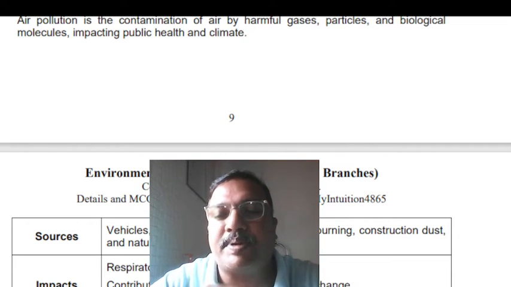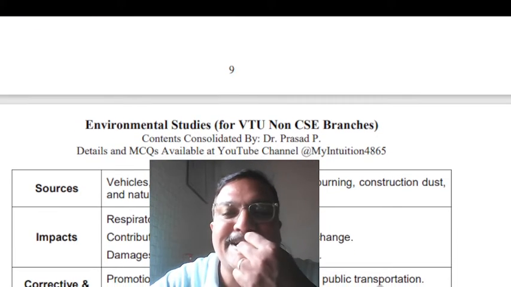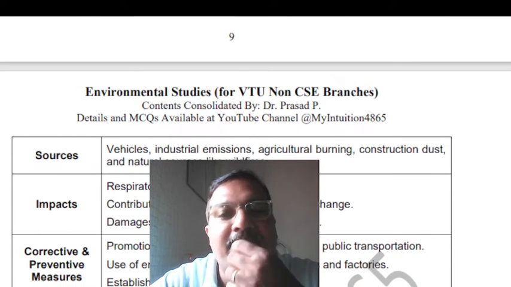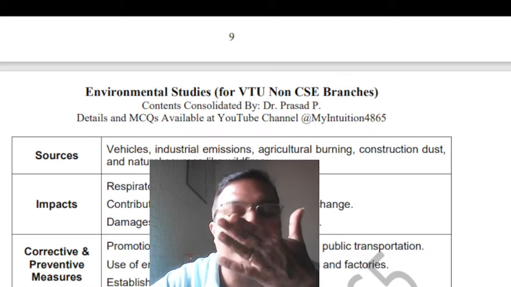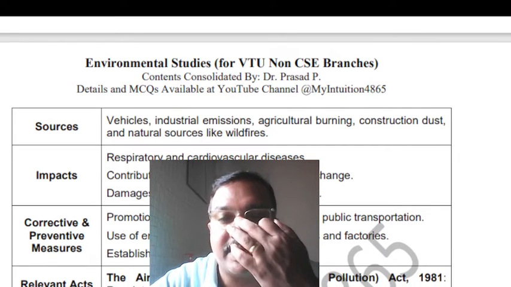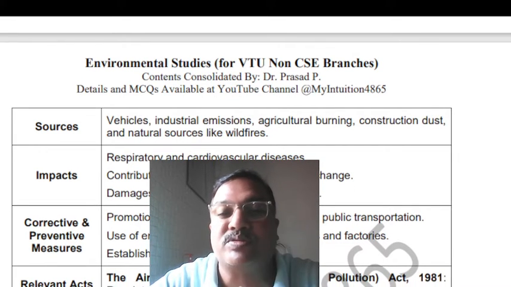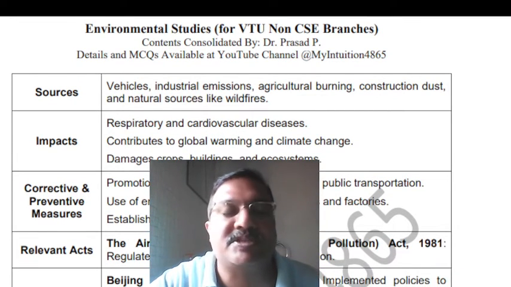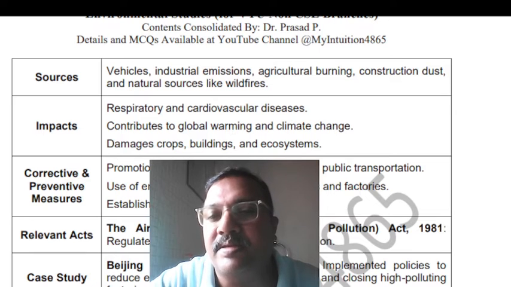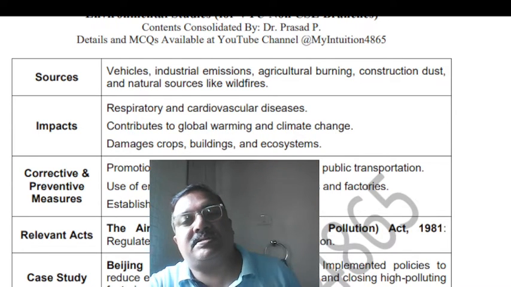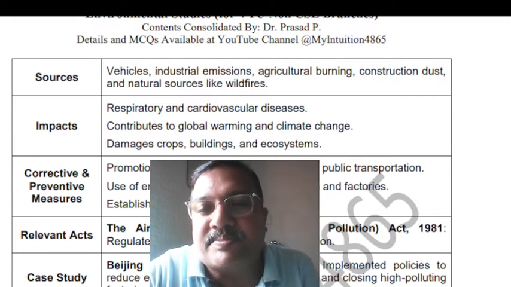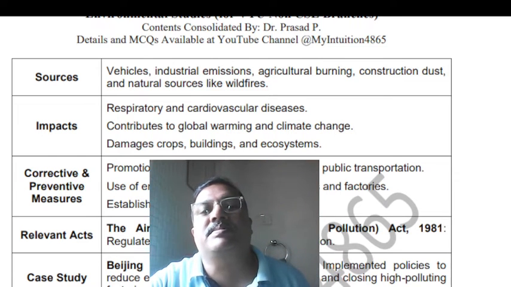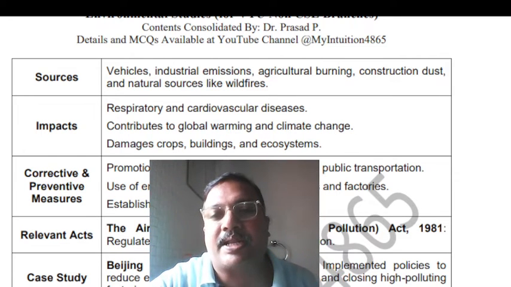Then there is the dust from construction sites and natural wildfires. These are the main sources of air pollution. The impacts are respiratory and cardiovascular diseases, global warming, and climate change. It contributes towards crops and buildings getting damaged.